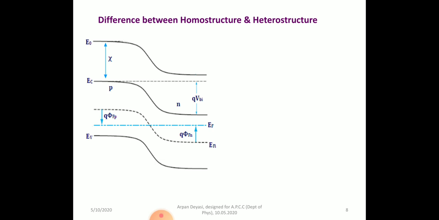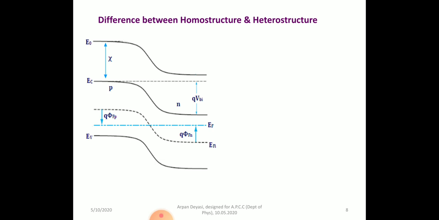Now take a PN junction, which is very well known to all of us from high school level. For a PN junction, you know that the Fermi level is close to the valence band for p-type semiconductor and close to the conduction band for n-type semiconductor.